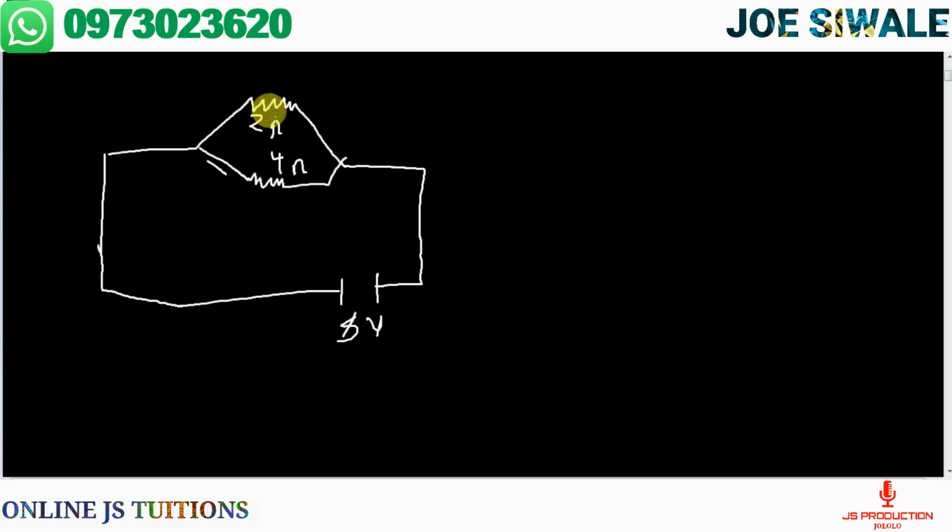Here the resistor reads 2 ohms and here it reads 4 ohms, and the electromotive force coming from the battery is 8 volts. If you have been told to calculate the current, we can calculate the current that is flowing through this resistor.